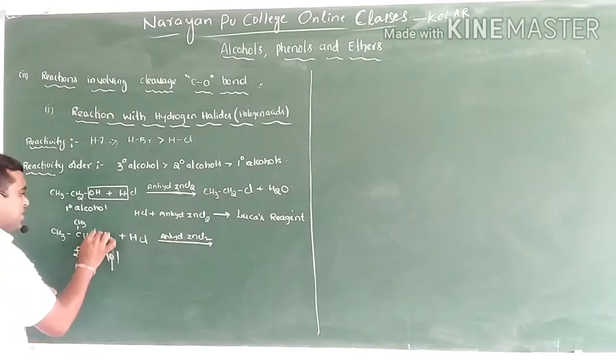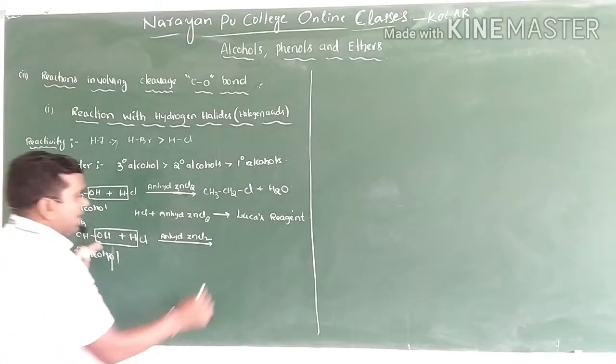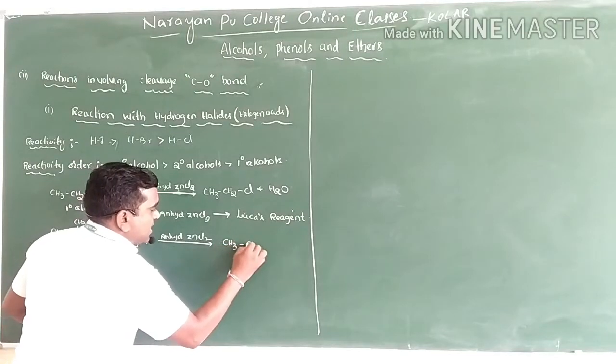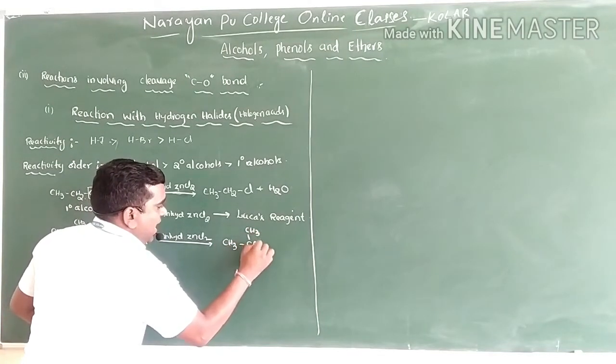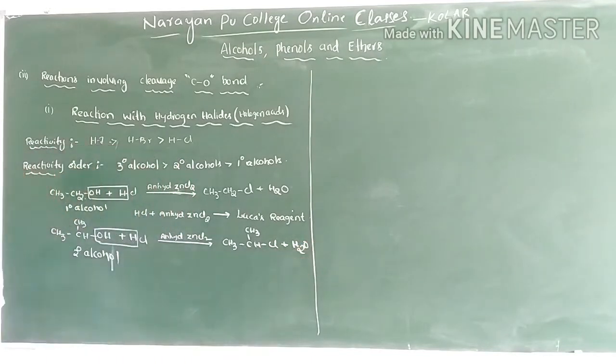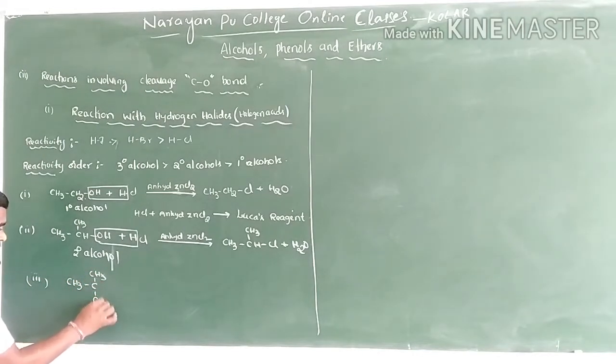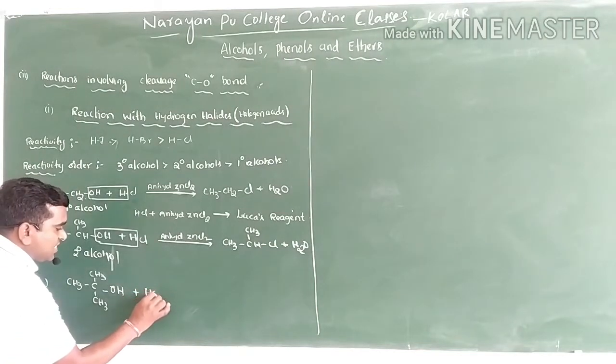Now you will get the secondary alkyl halide, and an H2O molecule will be removed. In the same way, this is the primary and this is the secondary. And the last one is tertiary. You know what the tertiary alcohol is? I will take this one with OH, the tertiary alcohol, plus HCl.